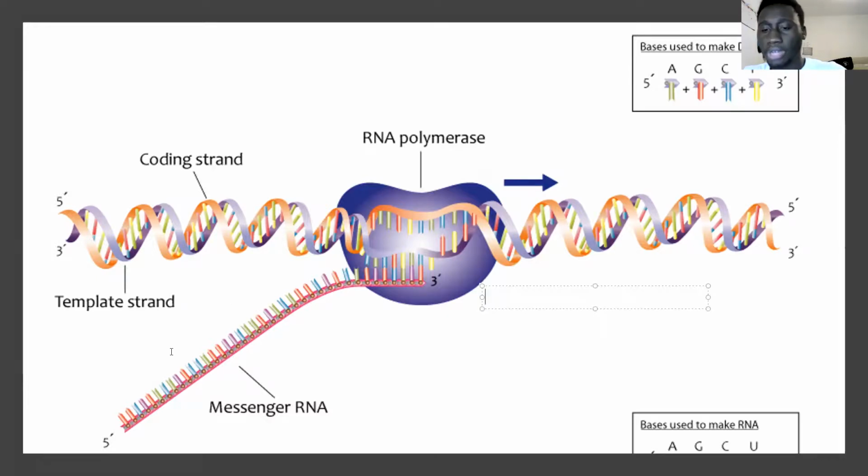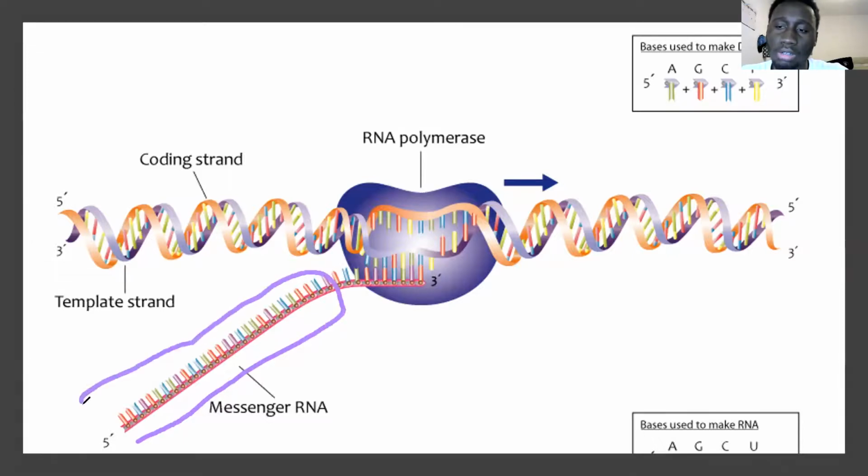Oh, and don't forget this part. Yeah, this is the mRNA, which is being made from the template, right? The template, which is shown here. Yeah, the template of the DNA.